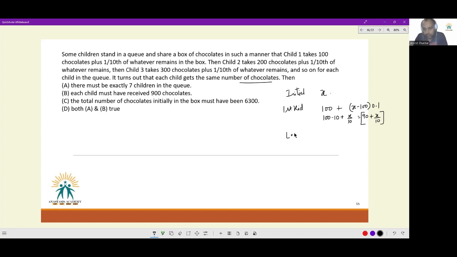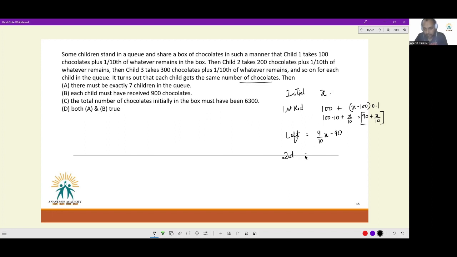So how many chocolates are left? Left would be 9 by 10 X minus 90. 1/10 gone, so 9 by 10 X left minus 90 chocolates. Now the second kid would have taken how many?